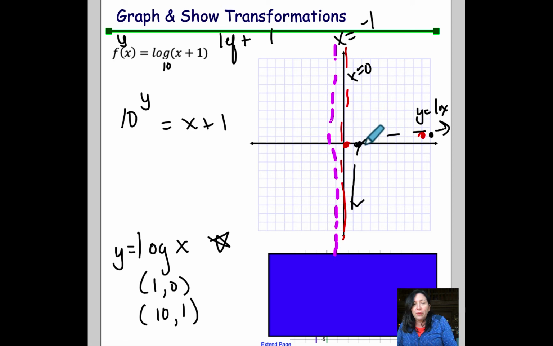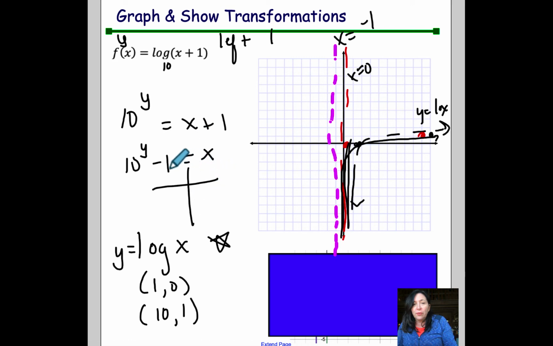Each of these points moves so my new graph would come through here and then go through 9, 1. That's just moving it over to the left. But you can also plot points. You can say x equals 10 to the y value minus 1, and then plot values.